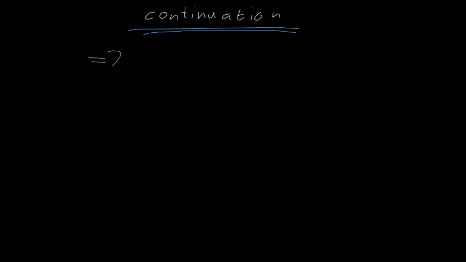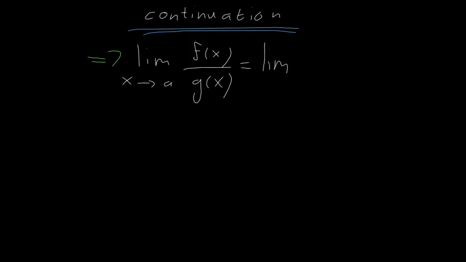You get the limit as x approaches a of f of x divided by g of x. Any limit in this form is equivalent to the limit as x approaches a of f prime of x over g prime of x, provided that g of x cannot equal 0.